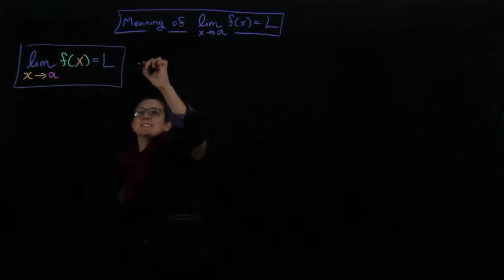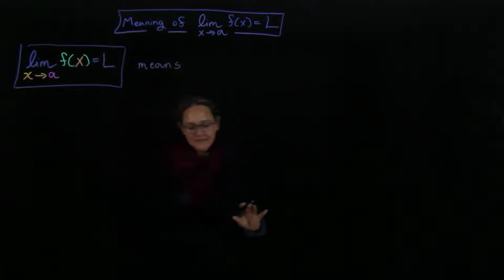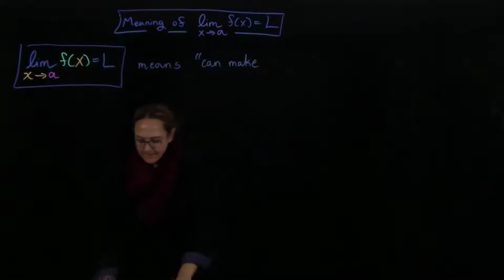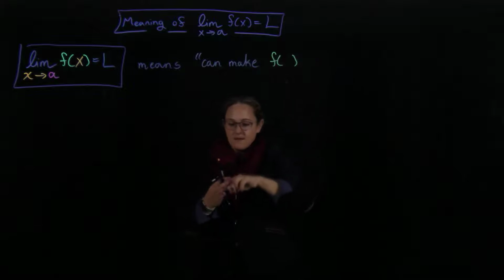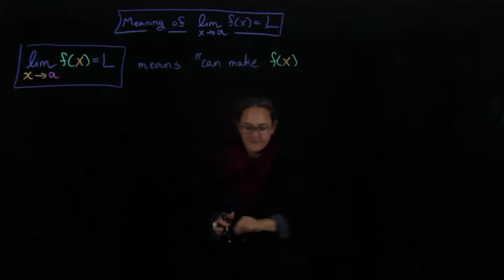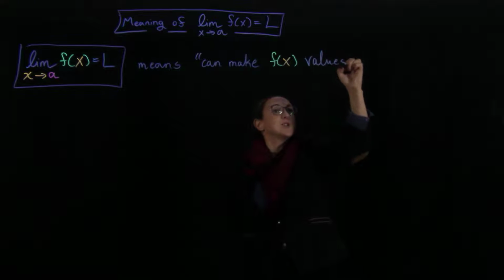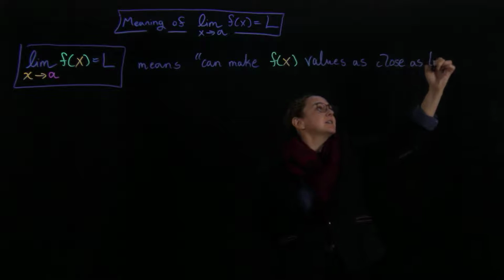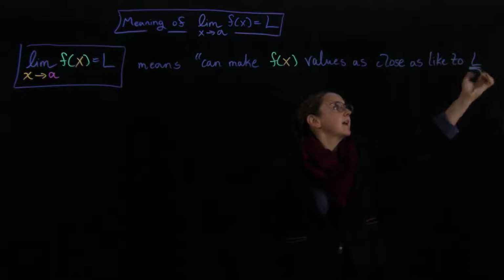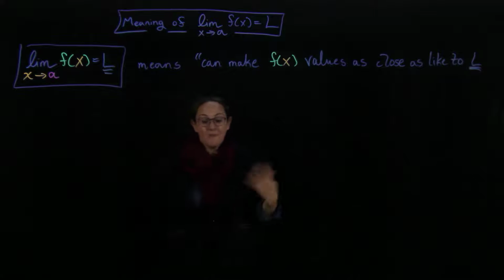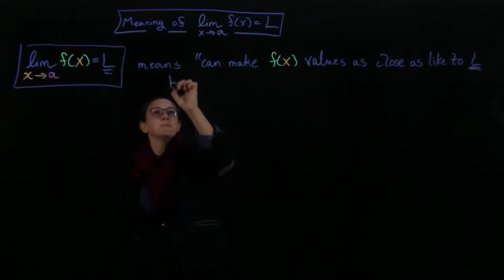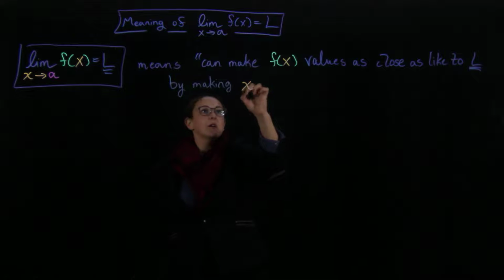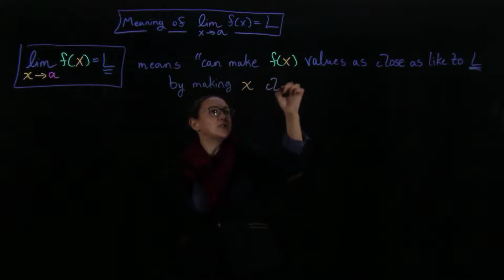What this means is that I can make these f of x values as close as I'd like to L, this L here, by making x, my input variable, close enough to the specific input value I'm interested in, which is a.